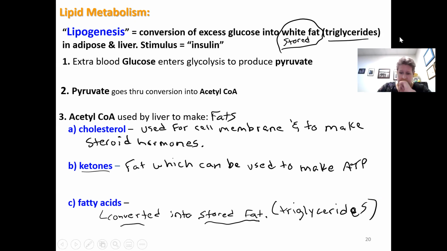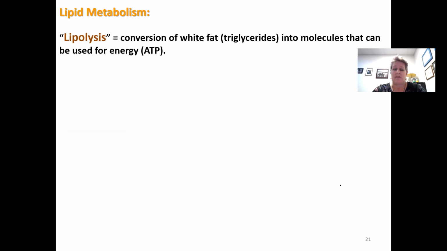All of these are a storage form of fats that the body can use for energy if it needs to. Now, if you need to make energy and you don't have carbohydrates, then you want to break down lipids and release those lipids into the bloodstream, and then cells can use those lipids to make ATP. The process by which lipids are broken down is known as lipolysis. Lipo is lipids, and lysis means to break apart.